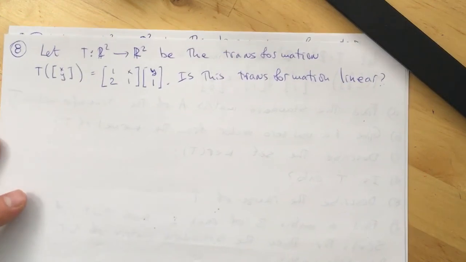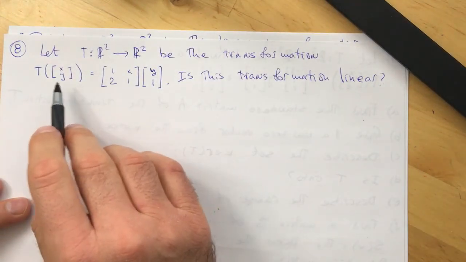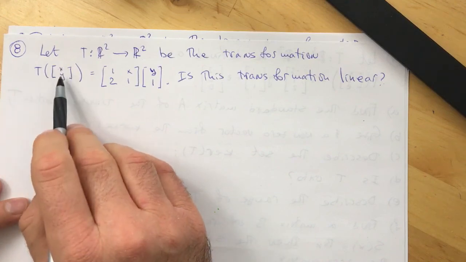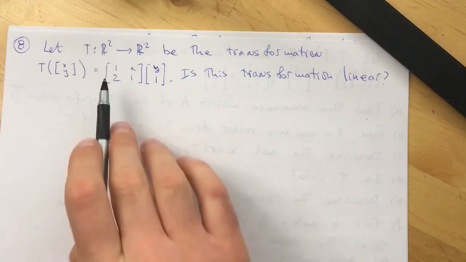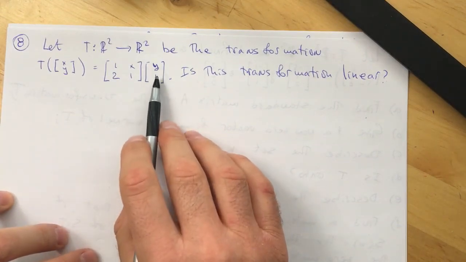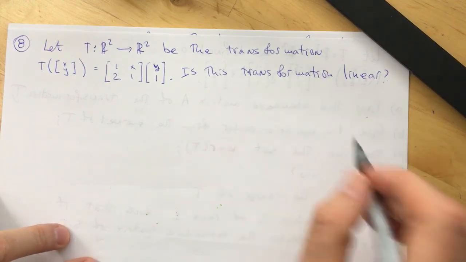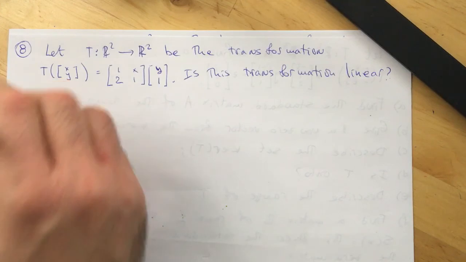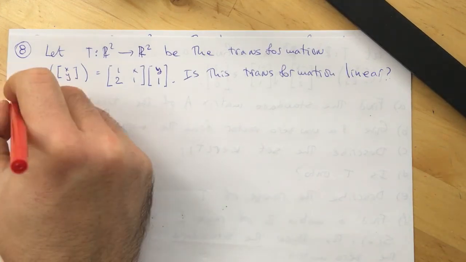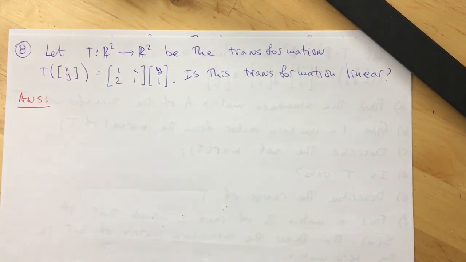Okay, question 8. A transformation from R2 to R2 is given such that the transformation of the vector (x, y) is equal to the product of this matrix here and these two matrices, right? So the question is: is this transformation linear? In order for a transformation to be linear, as I said, we have to confirm that the following two conditions are satisfied.